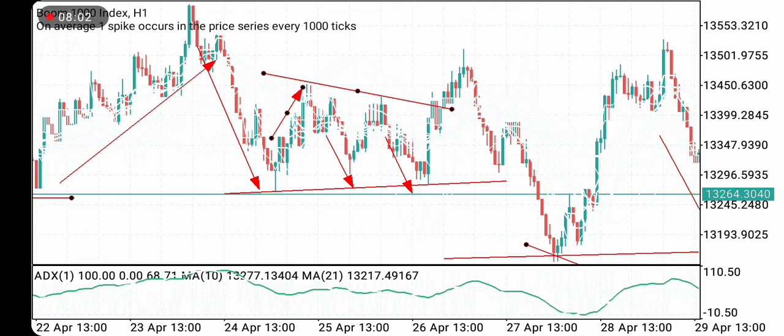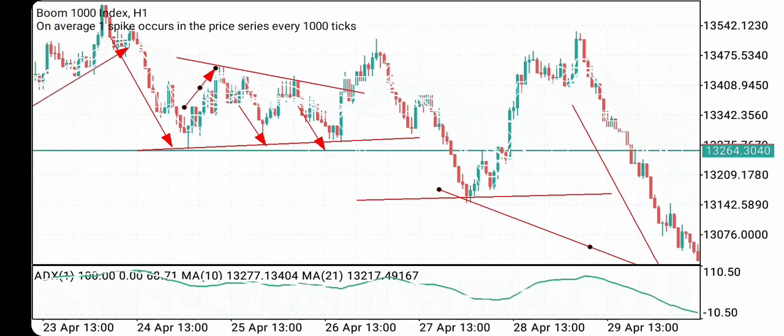You see that the market does not go beyond this resistance line I'm pointing, and also this support line. You can see how the market made its move. So that is on resistance as well.